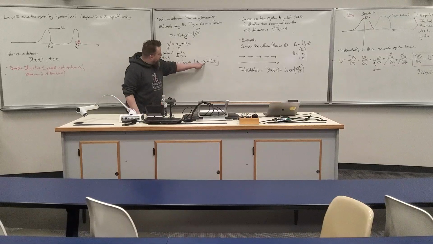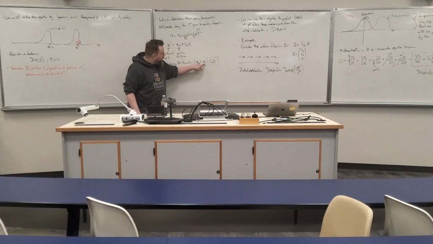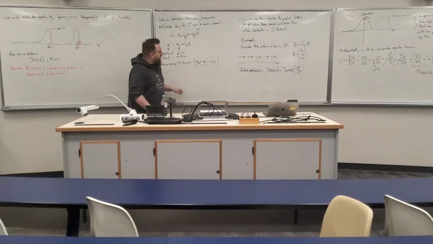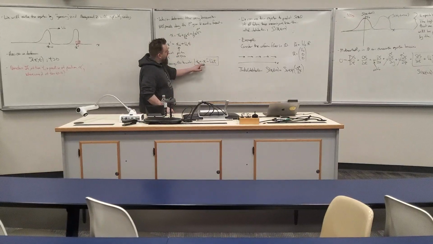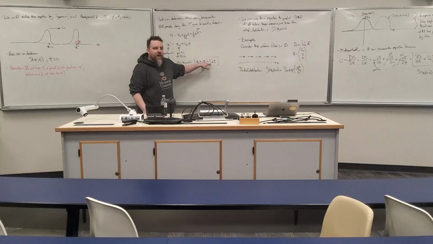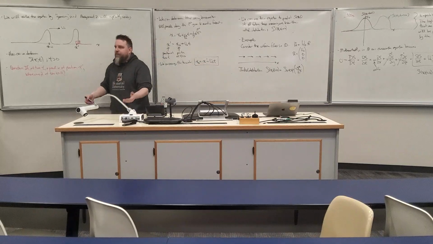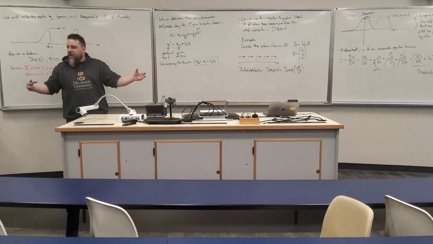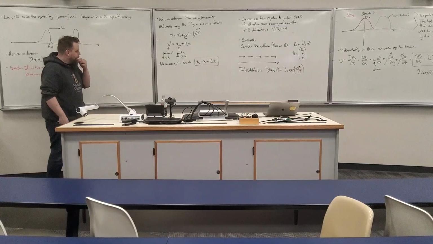So whatever parcel is at time t at position x prime, the initial position at time t equals 0 is given by this expression. Basically, we just have to subtract off the distance that it traveled since time 0, and run the kinematic equation backwards and say where did it come from at the initial time.